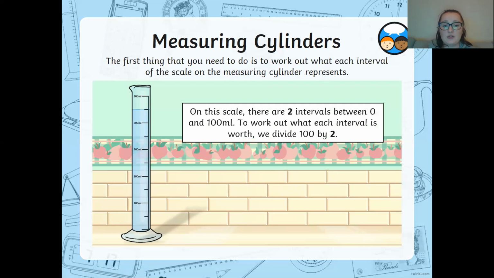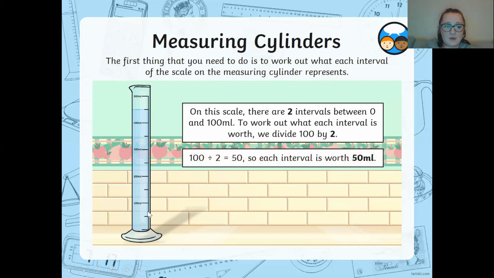So it says on this scale there are 2 intervals between 0 and 100. To work out what each interval is worth, we divide 100 by 2. And that's the same as working out half, isn't it? So what is half of 100? It is 50. So if we are counting now, we have 0, 50, 100, 150, 200, 250, 300, 350, 400, and so on.